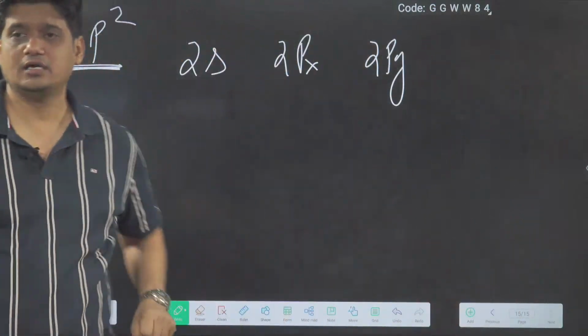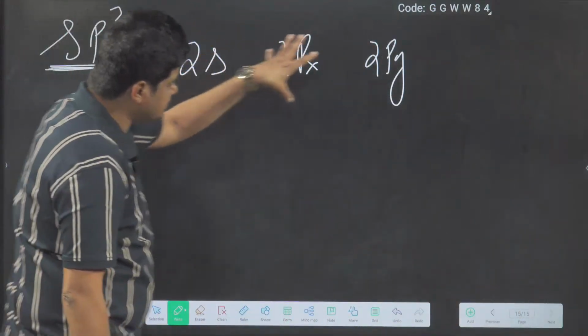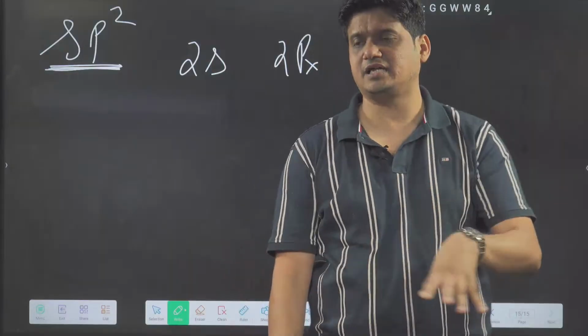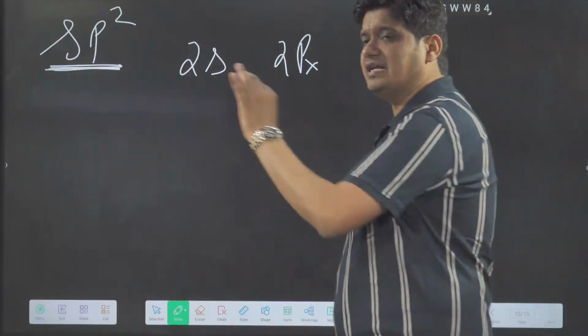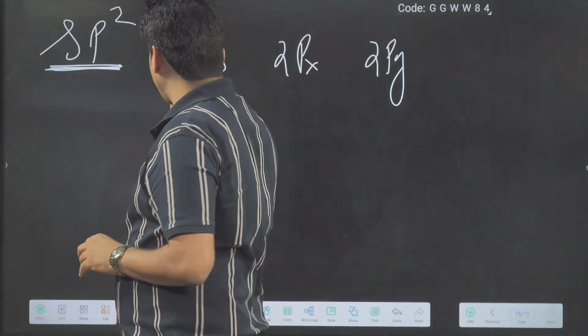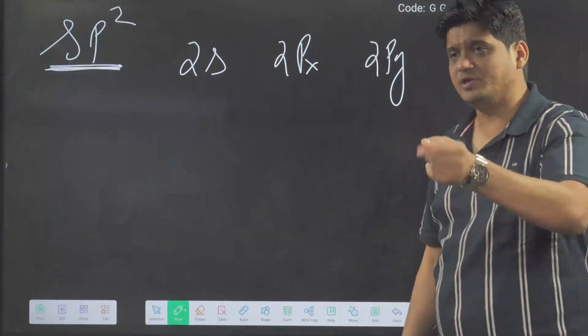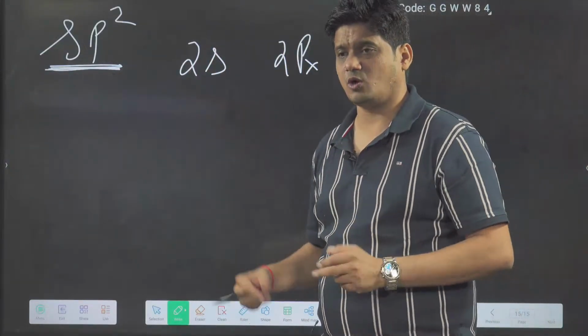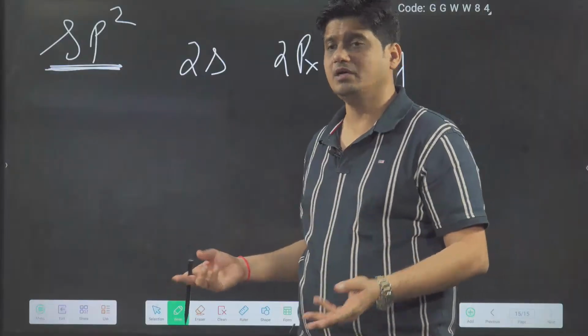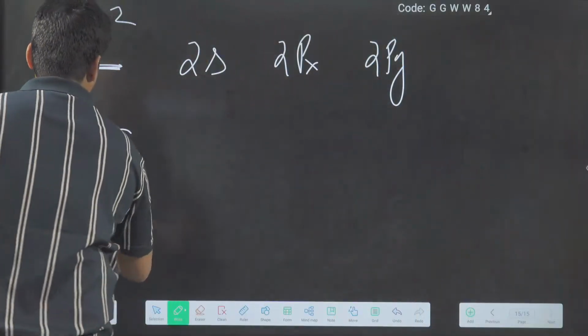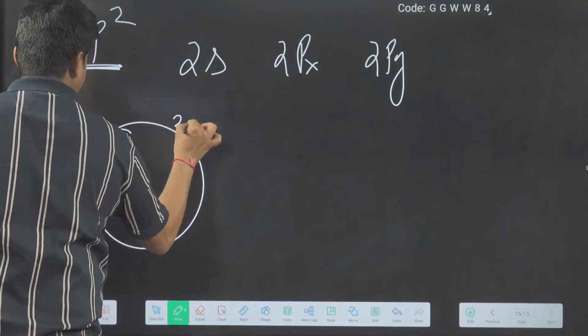Now answer one thing. Let's say I want to represent these three orbitals before hybridization. What is a better representation? One case where I represent all three having the same nucleus, or representing them differently. Obviously the same, because they belong to the same atom. So let's say I have drawn a 2s like this.